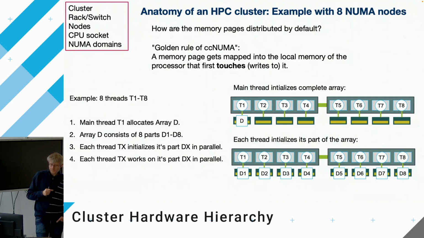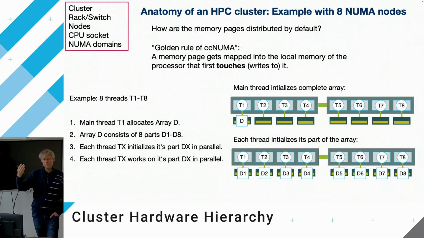The position of the data is decided when the array is initialized. So allocation only means a note to the operating system that I'm going to need this memory in a moment.